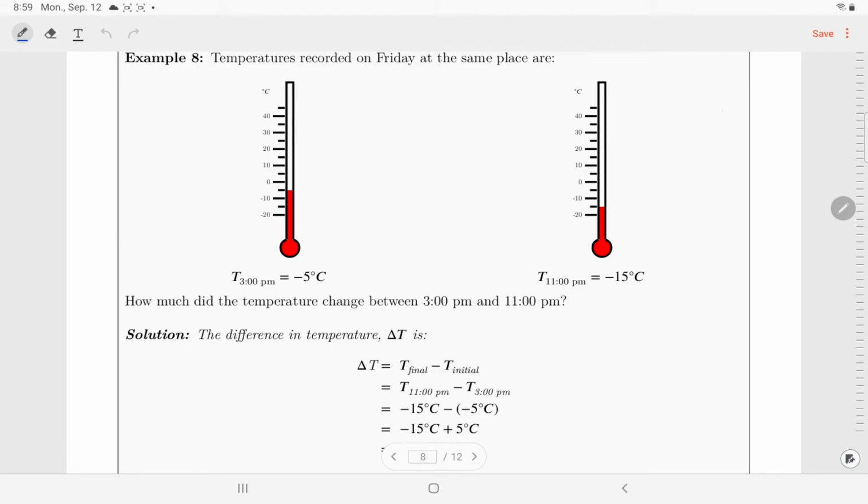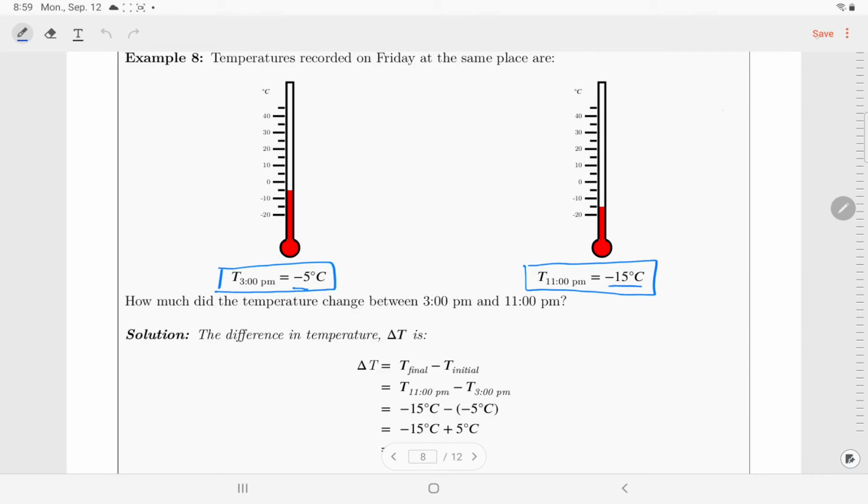Let's look at example 8. We record temperature at the same place. First, we recorded at 3 p.m. as negative 5 degrees Celsius. We recorded again 8 hours later, and we see that the temperature now is lower. It is at negative 15 degrees Celsius.